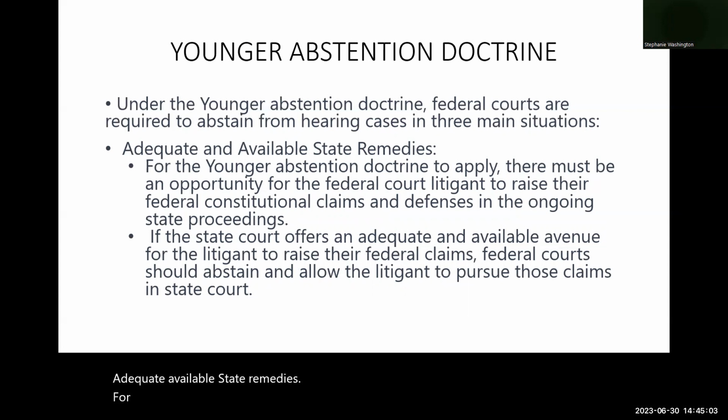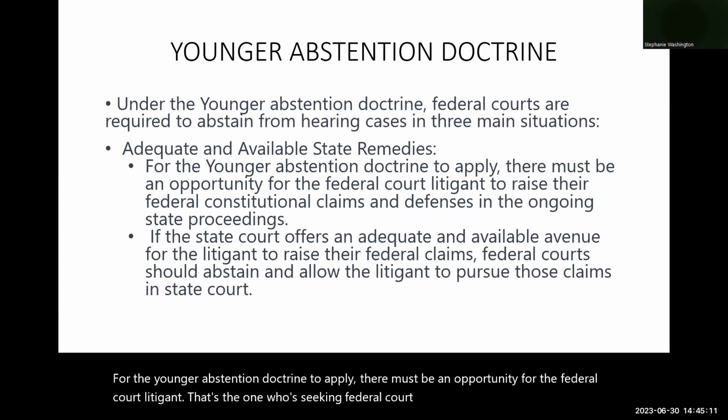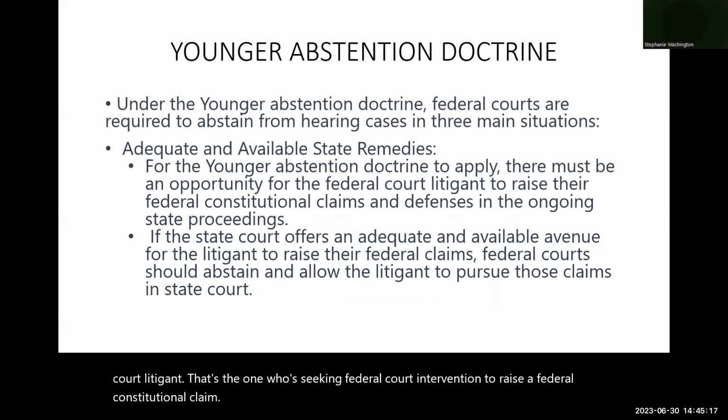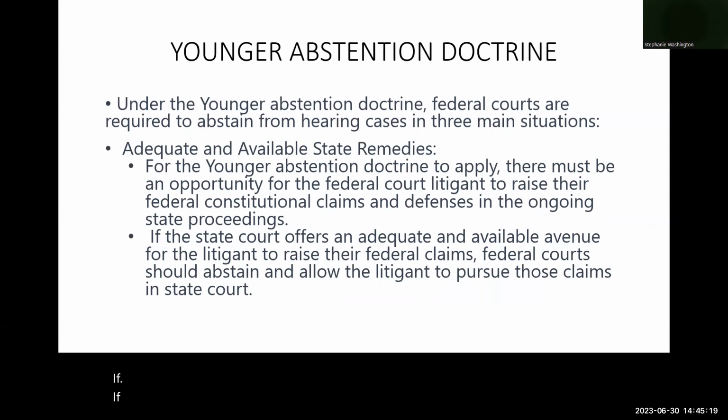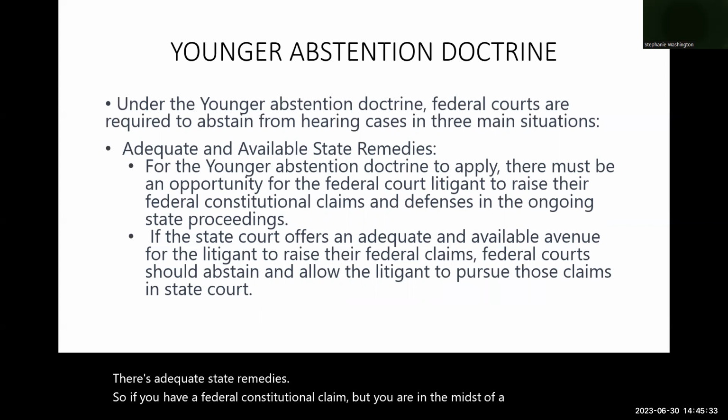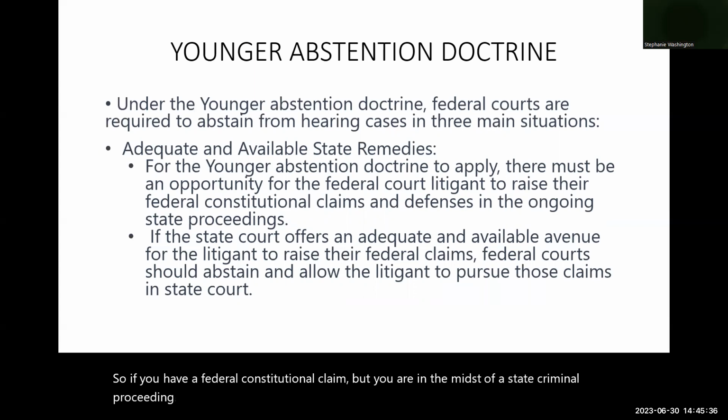For the Younger Abstention Doctrine to apply, there must be an opportunity for the federal court litigant, that's the one who's seeking federal court intervention, to raise a federal constitutional claim if there are adequate state remedies. So if you have a federal constitutional claim, but you are in the midst of a state criminal proceeding, then you are required to make that federal claim, because of concurrent jurisdiction, you can, right?